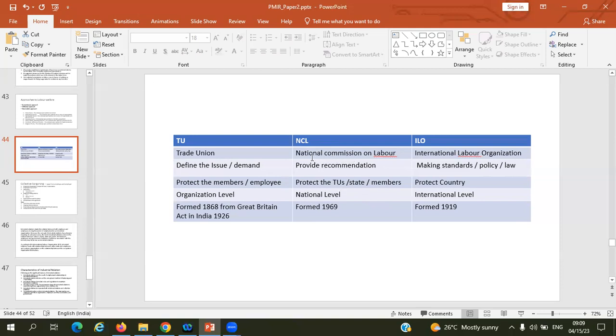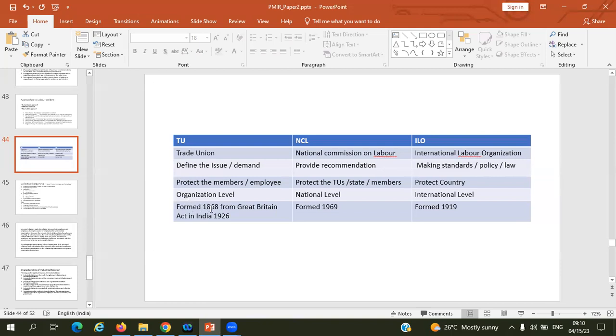In the country, I told you that the Government of India has established and formed this NCL, National Commission. ILO is international level under United Nations, UN. UN has created this. The parent organization is UN. UN has created ILO. So that will take input from the national level, NCL.